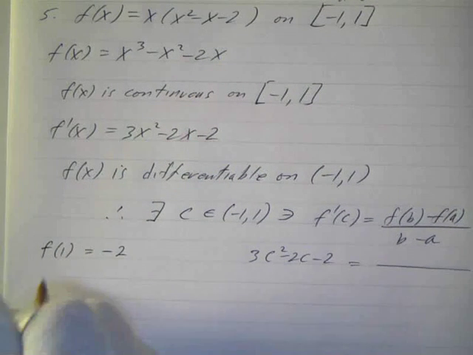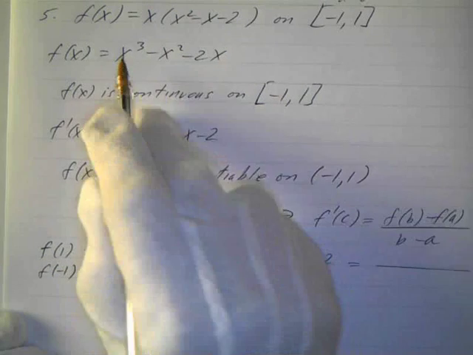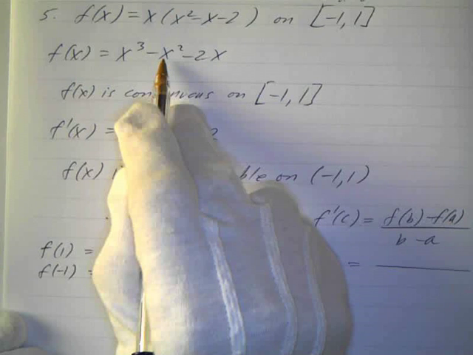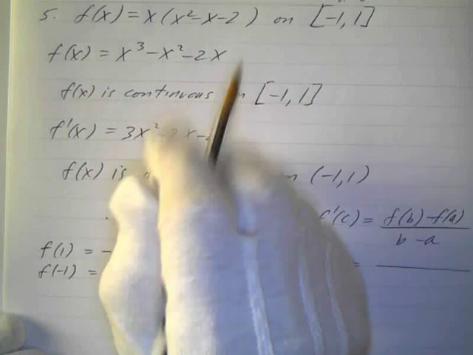And then f of -1, if I put -1 here, I get -1 minus 1 would be -2. And then -2 times -1 is +2, so 2 minus 2 would be 0.